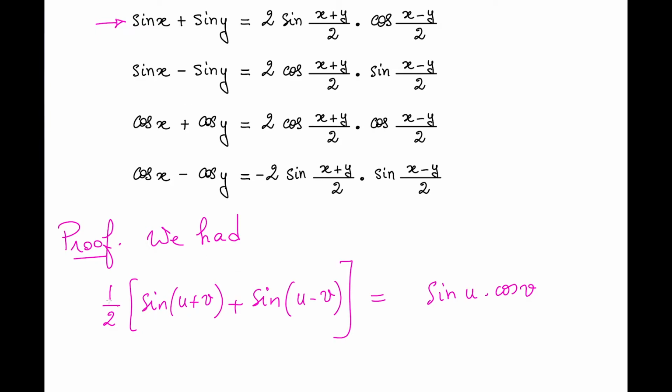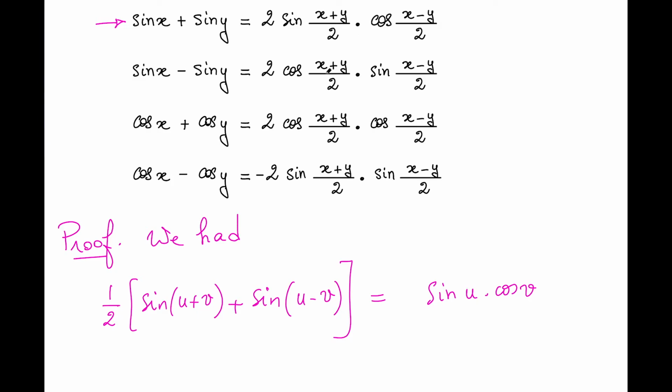Probably you can argue that the half is different, but look, this is a sum of two sine functions, and this is a sum of 2 sine functions, right? Except for the half, because I can move it by multiplying by 2. And the nature of this right side is still a product between sine and cosine, which is very much the same as this.